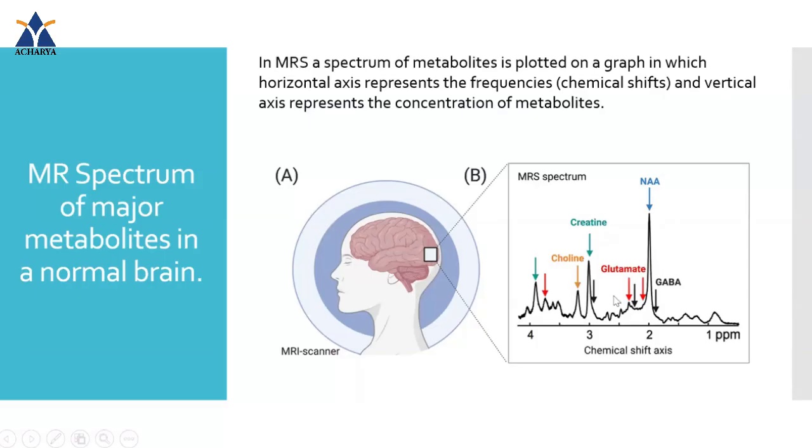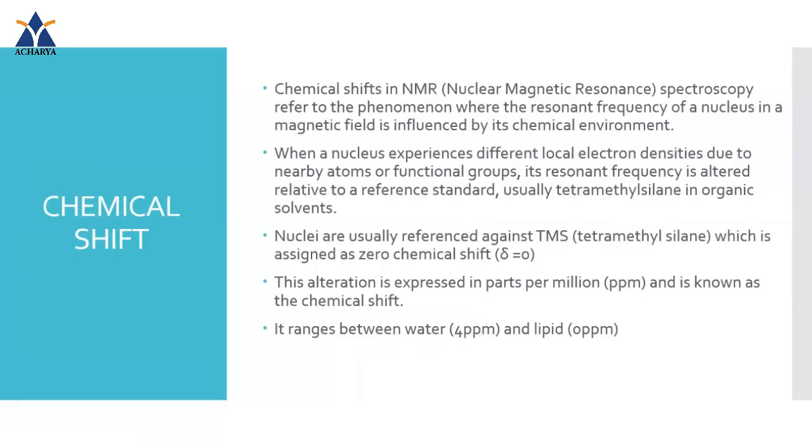So what is this chemical shift? MR spectroscopy utilizes the fact that each metabolite has a very slightly different Larmor frequency, where shift means change. So chemical shift means the change in the resonant frequency of a nucleus of a metabolite.